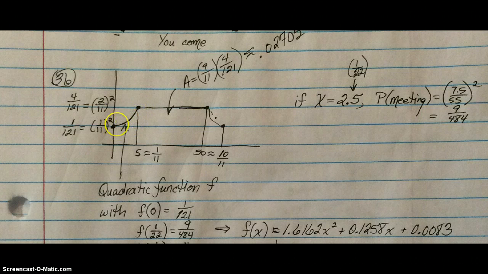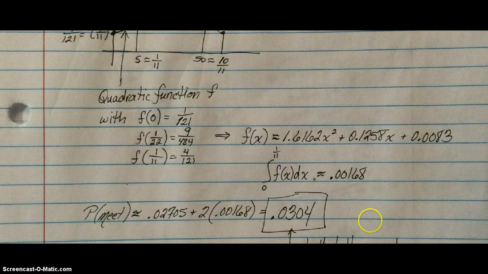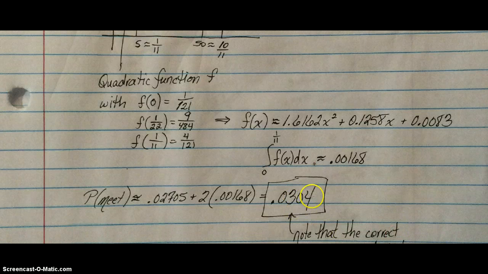Once you have 3 points, you can determine a quadratic function, which is an estimate of the quadratic function that it is. And then just integrate that quadratic function from 0 to 1/11th. And then double it, because you're going to have a symmetric area over here. Calculating the rectangle, of course, isn't a big deal, but this does get a little bit complicated because we have to figure out what that function is in order to integrate under it and get that area. So once you do that, it works out to 0.0304.